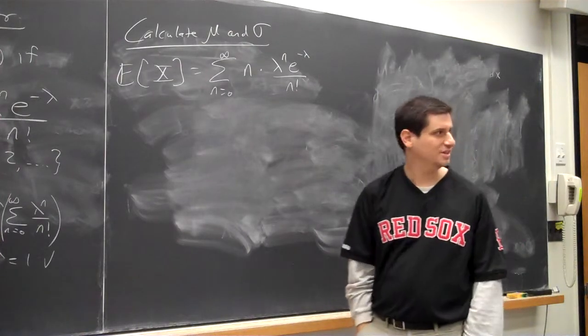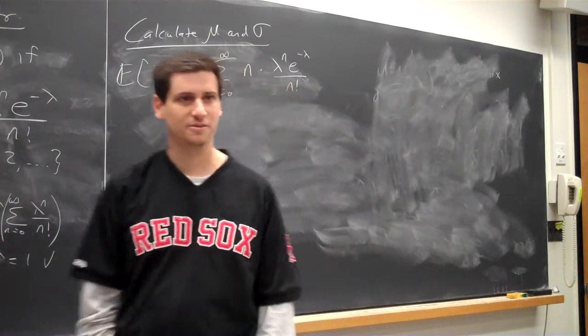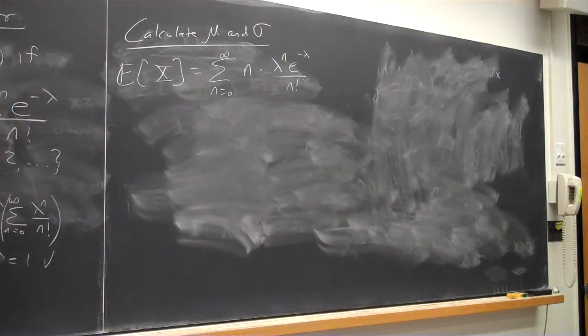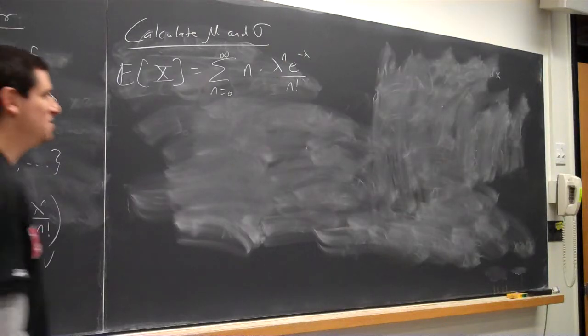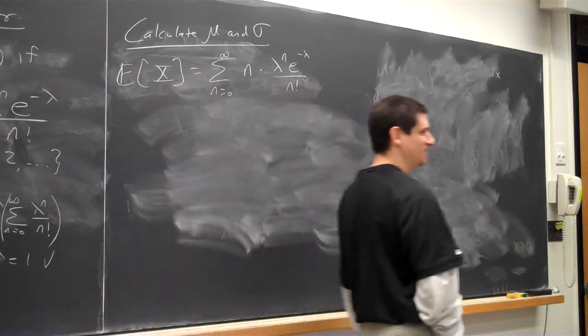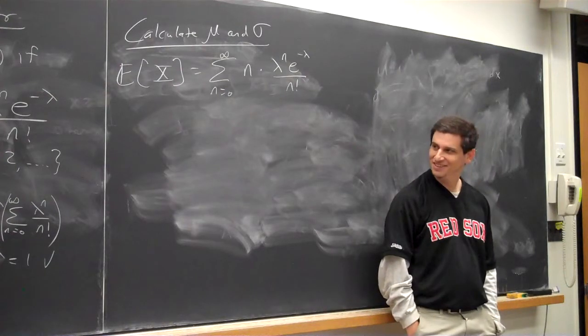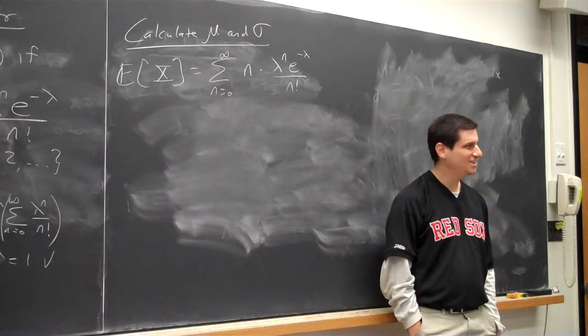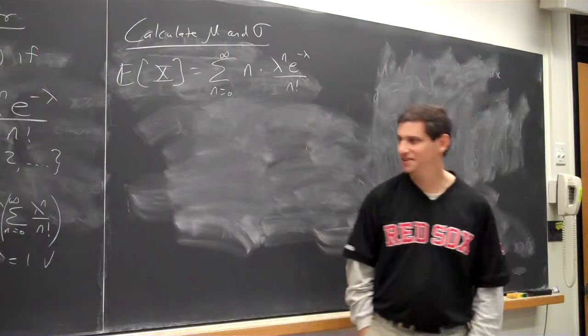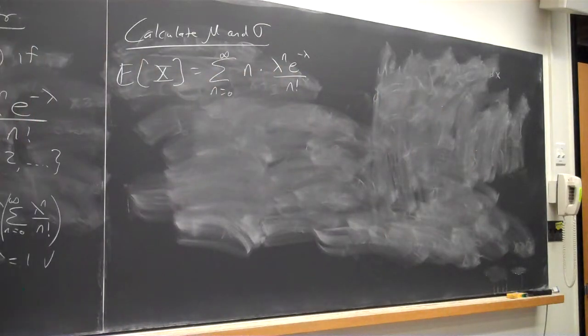How could we tackle this? Any methods we have? Yes? Differentiating an identity. Good! What's the identity? You're absolutely right that we want to differentiate an identity. The Taylor series, maybe? So which one? What we started with? This?